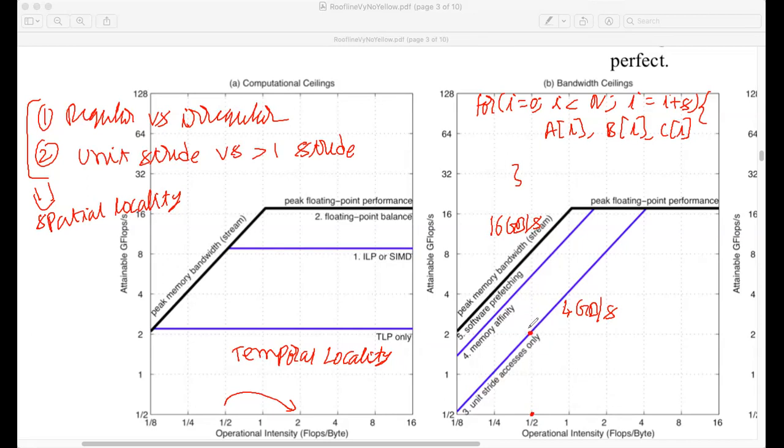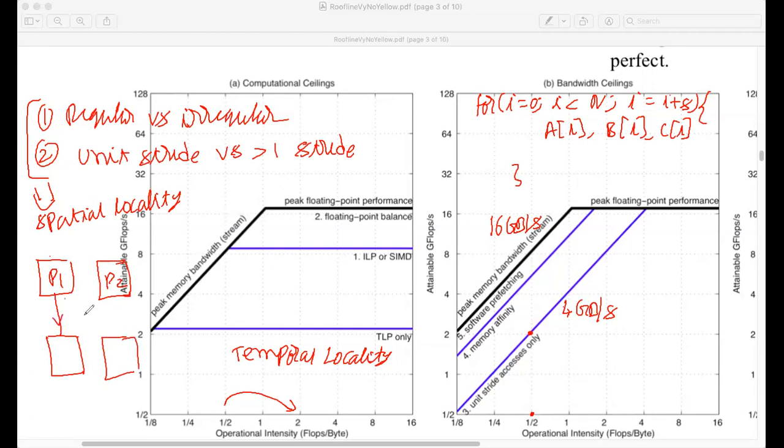Now you can do some more memory optimizations. Let's say you have a hardware architecture. This is one processor, this is another processor, both sitting on the same motherboard, and your memory is a distributed memory.